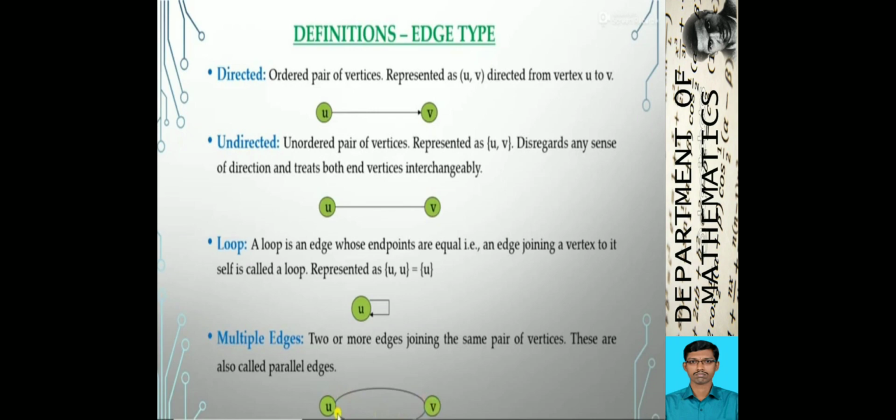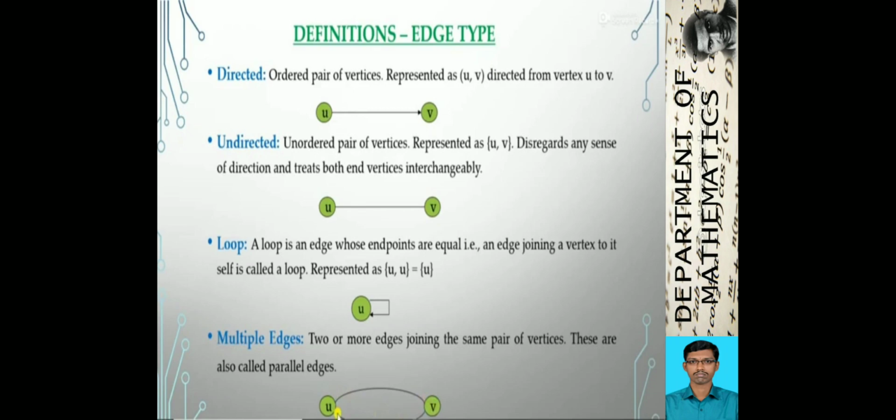Now, next one is the directed edge. An ordered pair of vertices represented as UV is directed from vertex U to V. Suppose we have the two vertices U and V, and an edge joins the two vertices, and here we have the direction from U to V. This is the directed edge.